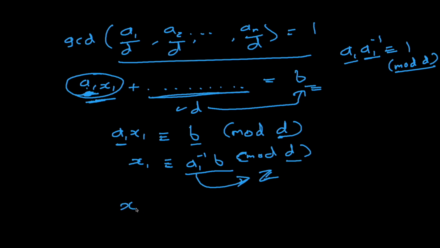So we can substitute x1 equal to d times z plus this number, reduced down to the remainder part. Keep dividing by d till you hit the remainder, so it is the smallest number which leaves the same remainder when you divide by d. This is what we are going to substitute x1 with.